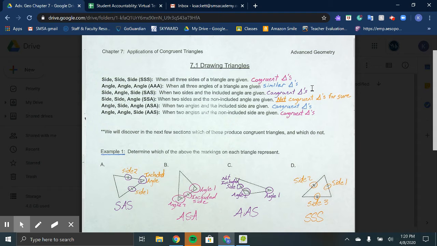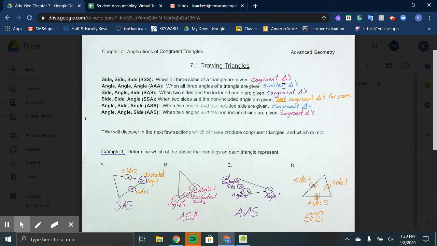Or we could have sides of 12, 12, and 12. Same with anything else with similar triangles, angle, angle, angle. The three angles being the same does not mean the side lengths will have to be the same. So that does not result in automatic congruent triangles.